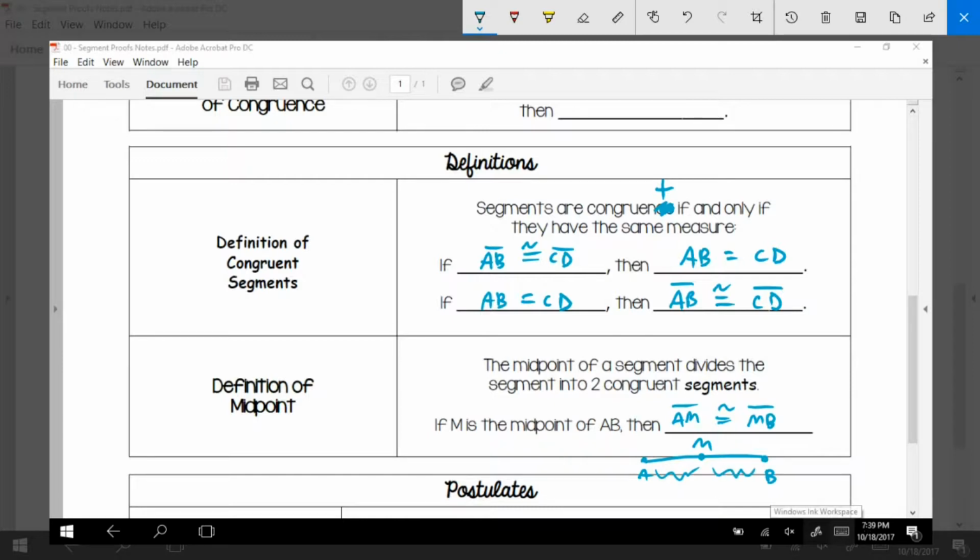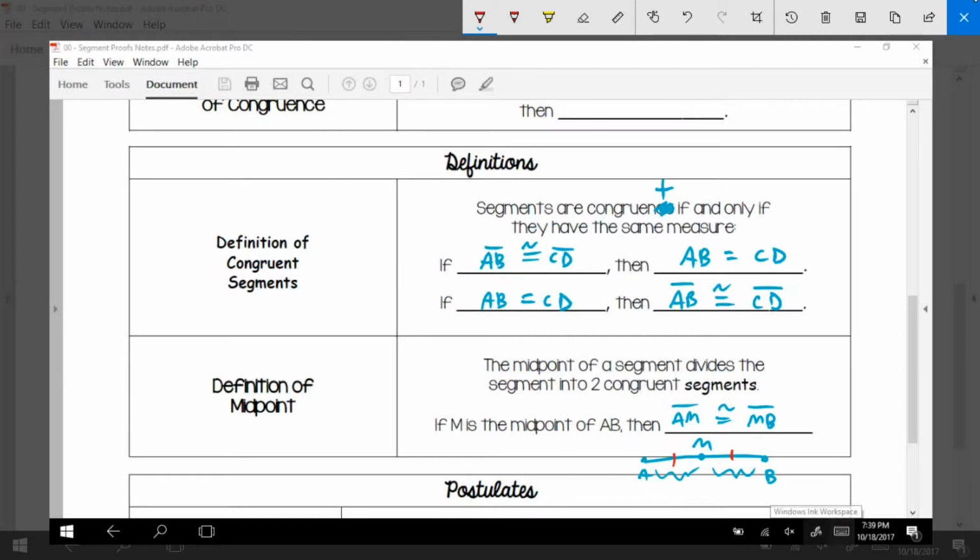And the symbols we label to show they're congruent are the little lines through it. Make sure you label it like that, because a picture doesn't mean anything until you've labeled it.